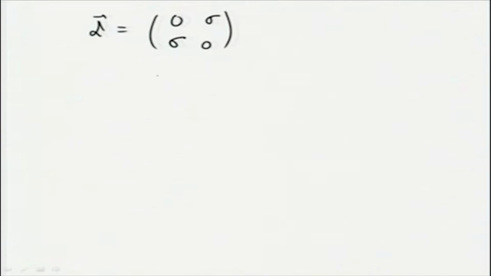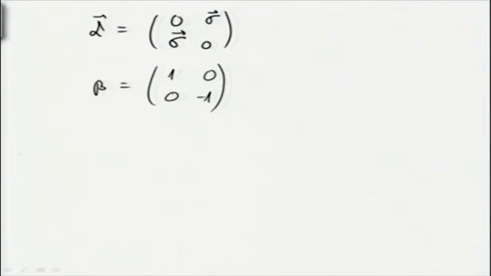Sigma is a Pauli matrix, where when you consider alpha 1, sigma 1 is considered, alpha 2, sigma 2, alpha 3, sigma 3, and beta is a unit matrix and minus of the unit matrix. Each of these entries here are 2 by 2 matrices, so it is written in block form. Okay? And you can check this thing.